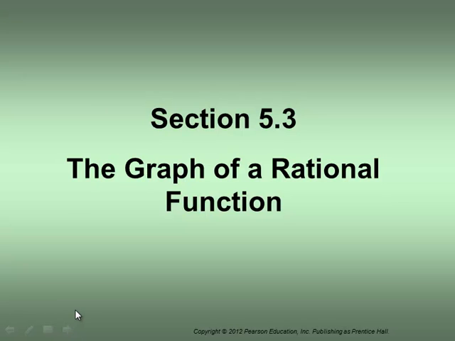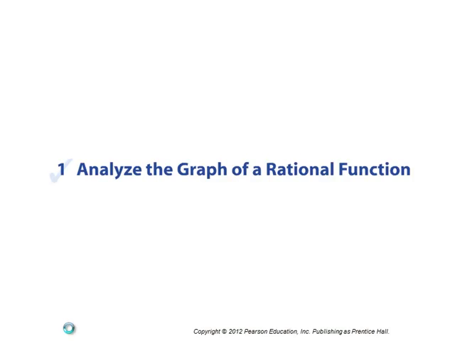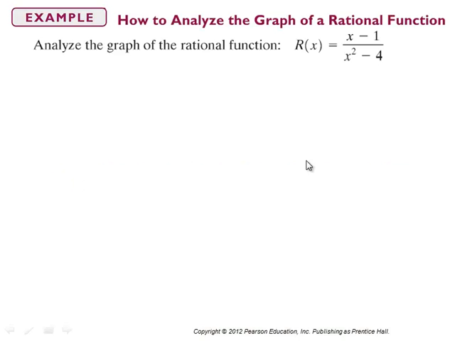So we go through the normal process for any function, looking at any sort of intercepts where the independent variable is equal to 0, what is the function value, or for what values of x will make the function equal to 0. And also taking a look at where the vertical and horizontal and any slant or oblique asymptotes might be. So we're going to go through a number of examples here, starting off with this first one right here.